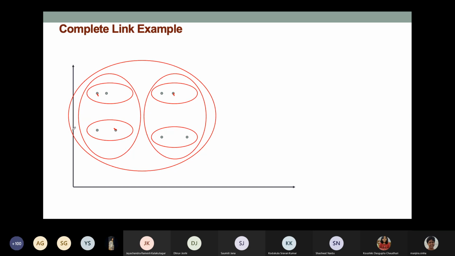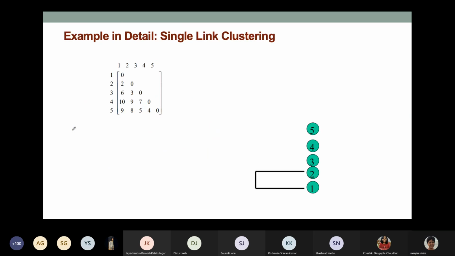Okay. So now we will see a detailed example. For that, first, how do we represent a graph?